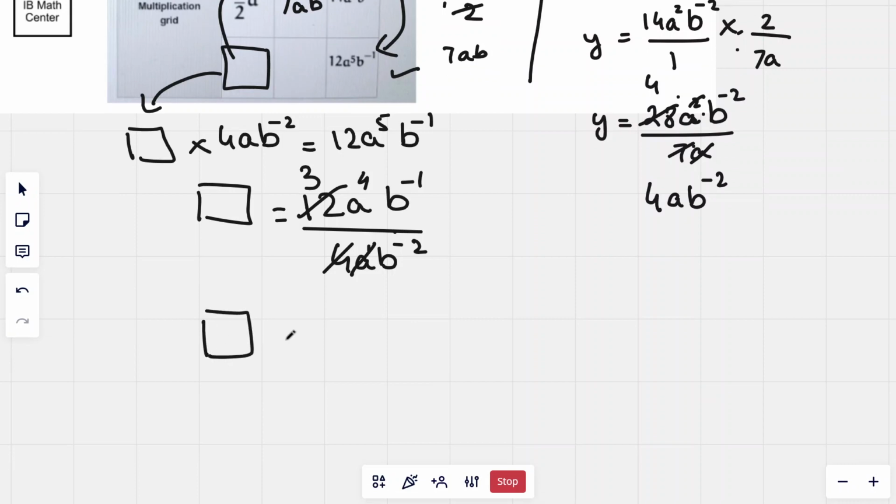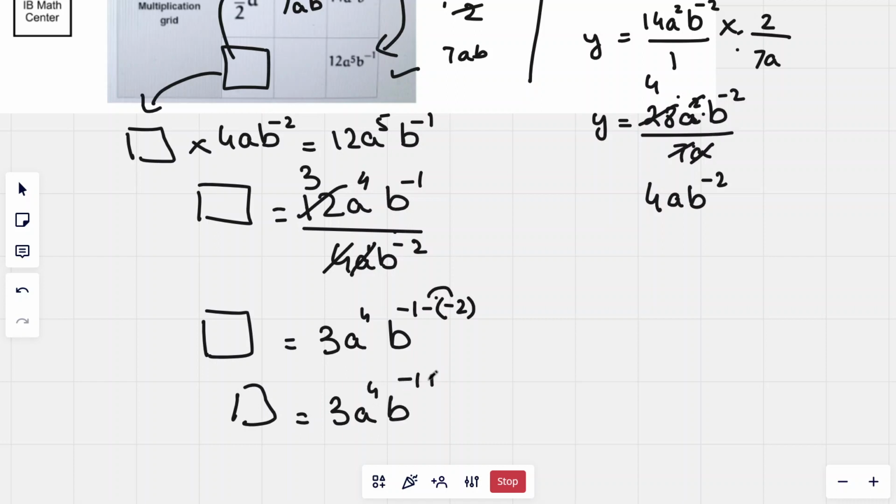So this missing term is 3 a to the power 4 b to the power negative 1 subtracted negative 2. So negative into negative is positive, so we can write this as 3a to the power 4 b to the power negative 1 positive 2, and negative 1 positive 2 is positive 1.